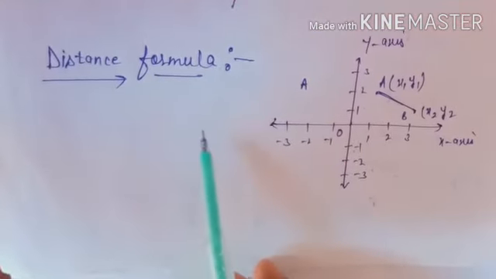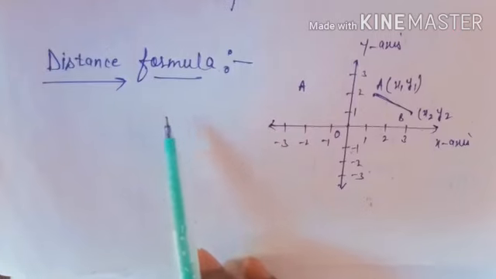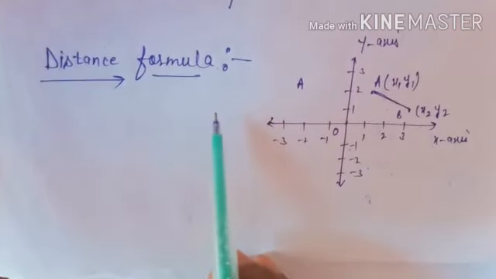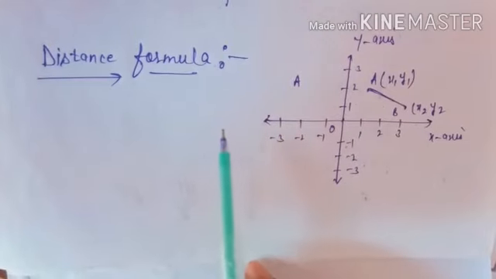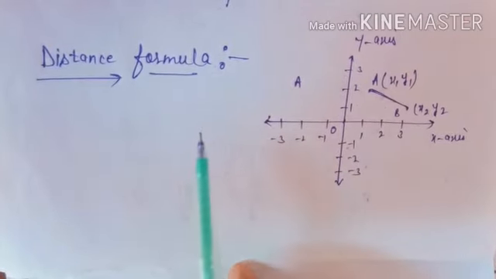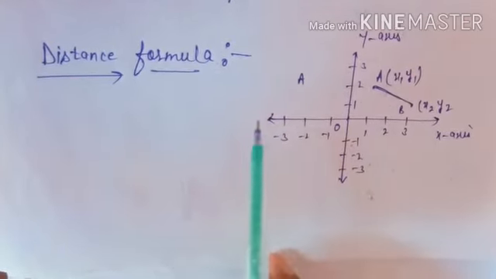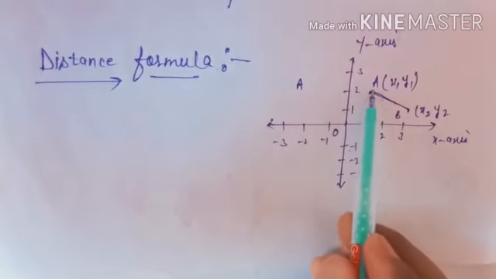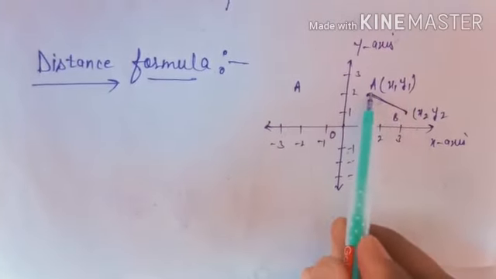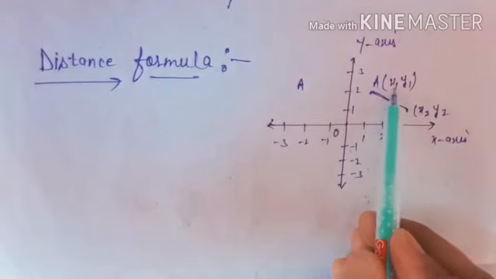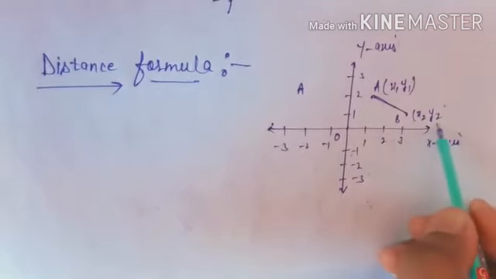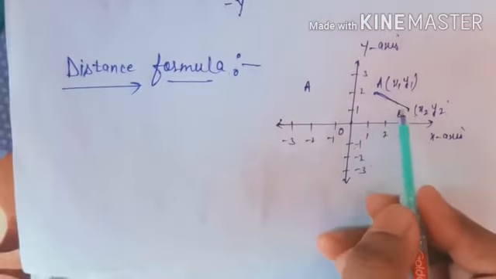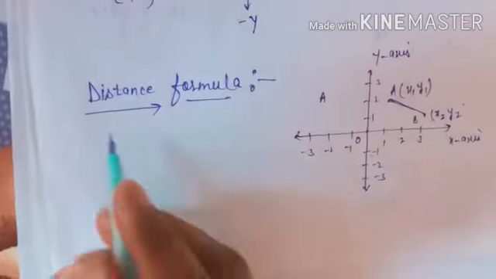Yes beta, now I will explain the distance formula. With the help of the distance formula, we find the distance between 2 points, and exercise 7.1 is related to the distance formula. Suppose we have 2 points A and B. The coordinates of A are x1 and y1, and the coordinates of B are x2 and y2. So how to find the distance between A and B?